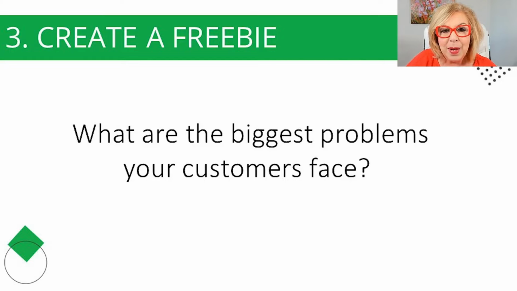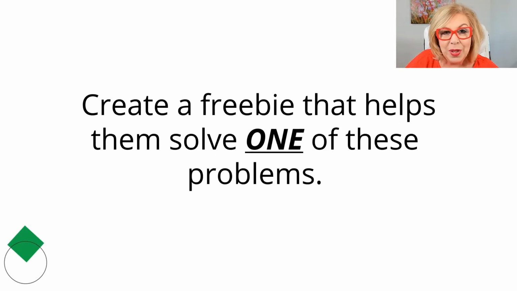And when you're thinking about building something that'll entice your person to trade their email address for it, you have to think about it in the context of what are the biggest problems that your customers face. And then you want to create a freebie that helps them solve that one problem. This could be an ebook, a guide, a cheat sheet, a toolkit, a worksheet or template, or basically anything that helps them solve their problem.